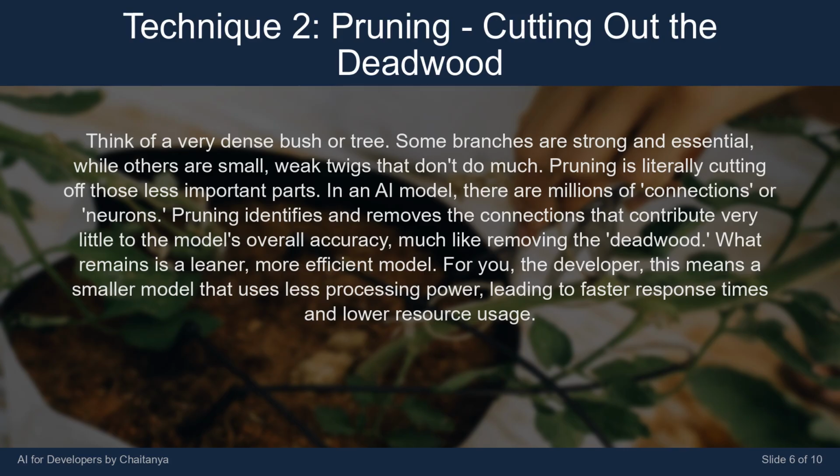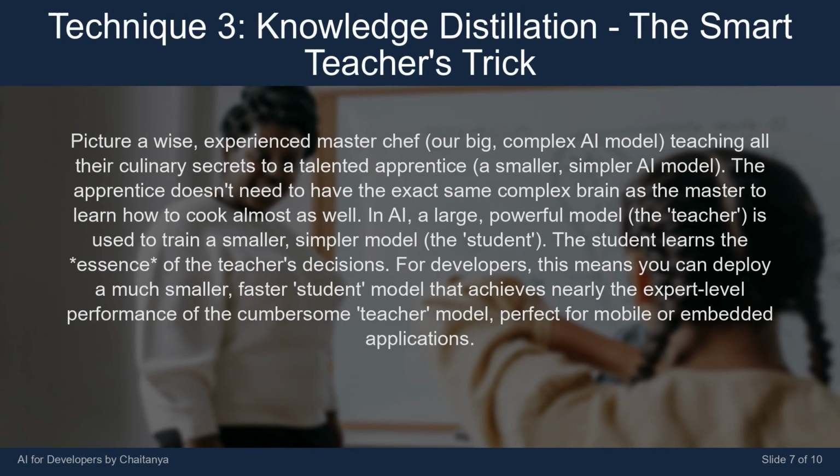Picture a wise, experienced master chef, our big, complex AI model, teaching all their culinary secrets to a talented apprentice, a smaller, simpler AI model. The apprentice doesn't need to have the exact same complex brain as the master to learn how to cook almost as well.